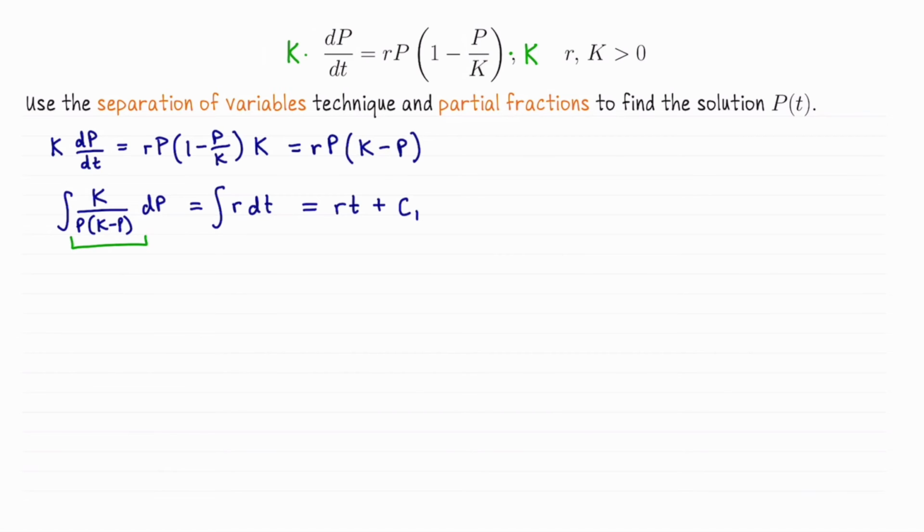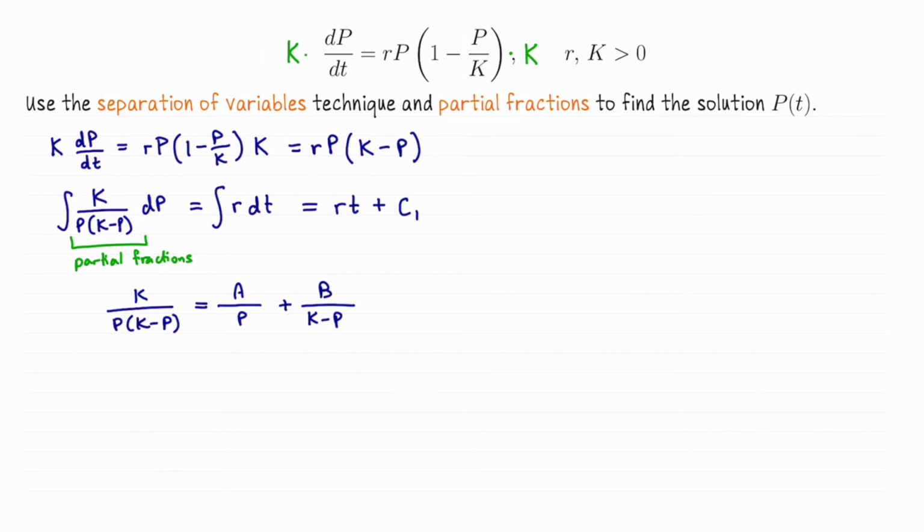To integrate the left-hand side, we're going to use partial fractions. I'm going to take the expression k divided by P times (k minus P) and write it as some numerator divided by the first term P in the denominator plus another numerator divided by k minus P. That's the kind of decomposition we want.